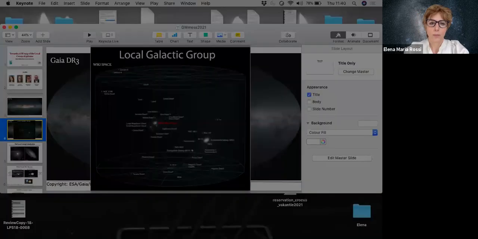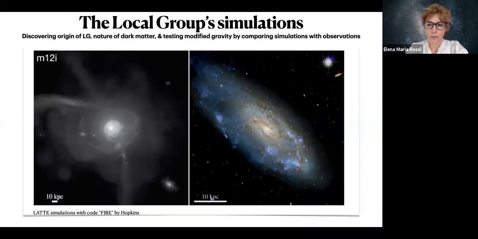Okay, but what are the open questions in the field? Why do you want a robust and as precise as possible map of the local group? For various reasons: in order to understand the origin, so how our local group and our galaxy formed, also the nature of dark matter, and also for testing modified gravity theories. So both for galaxy formation and evolution, but also what we call near-field cosmology.